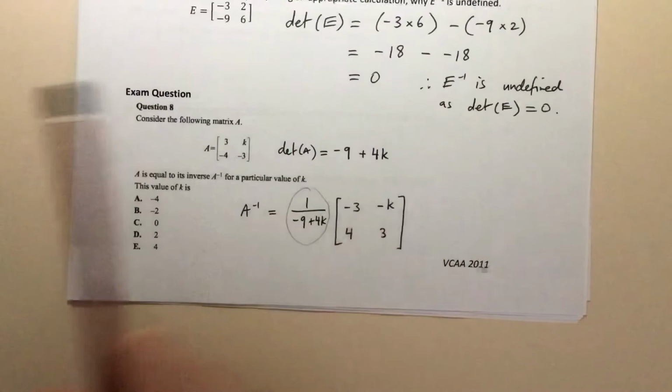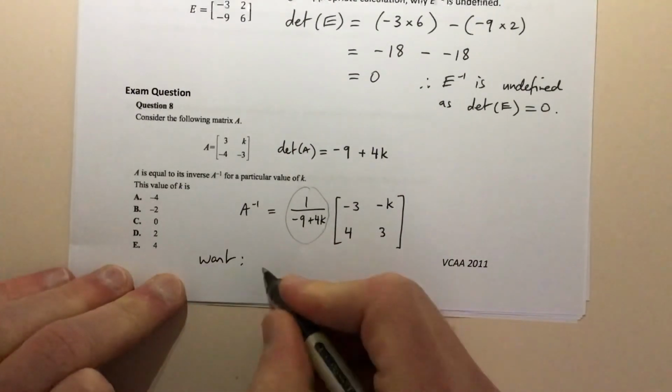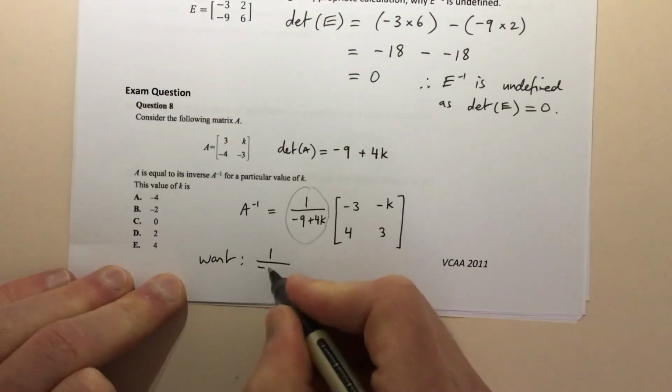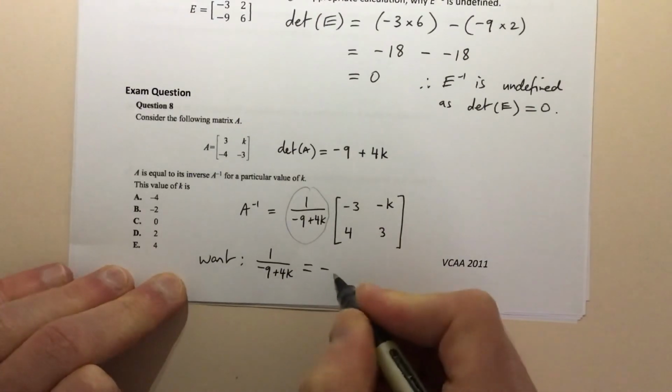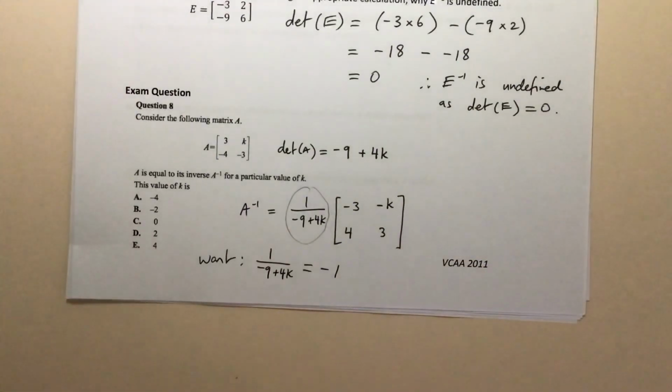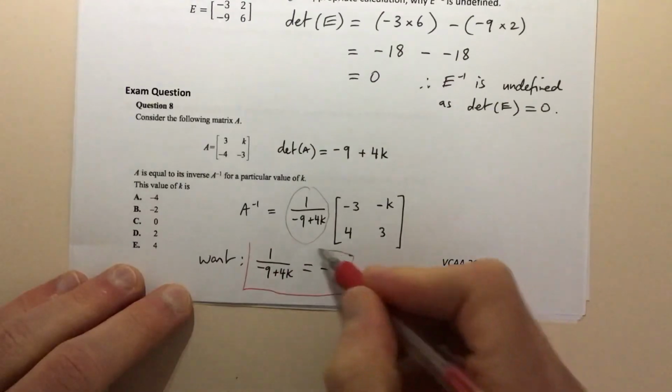So we want 1 over -9 plus 4K to equal -1. My working might be a little hard to follow here, so this is the key idea.